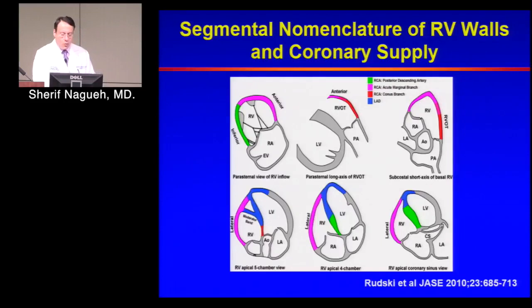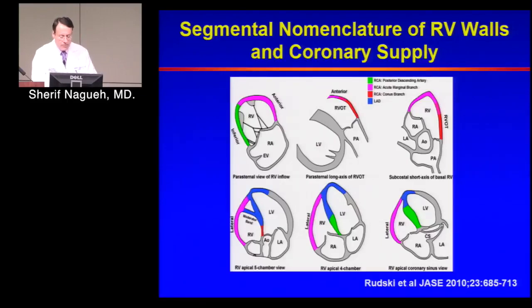You can show more of the outflow tract in the parasternal short axis view at the level of the valves, and this segment, as you see on this slide, gets its blood supply from the acute marginal branch. Then we go to the apical views, and the free wall blood supply comes from the acute marginal branch.